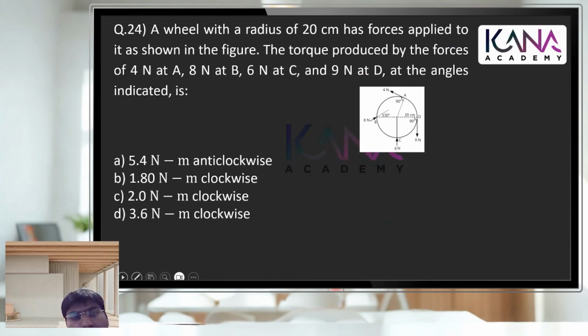Okay, there is a wheel with a radius of 20 centimeter, and forces: 4 Newton at A, and then 8 Newton, 6 Newton, and 9 Newton at various points at given angles. We need to find the net torque.